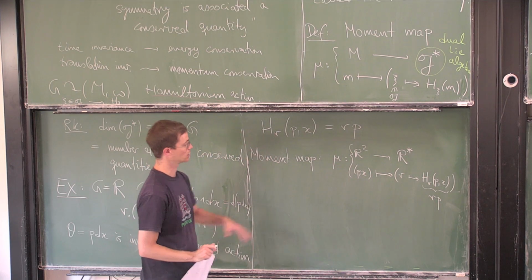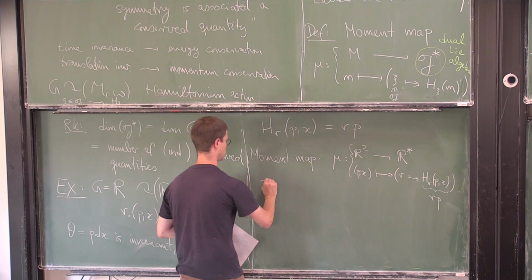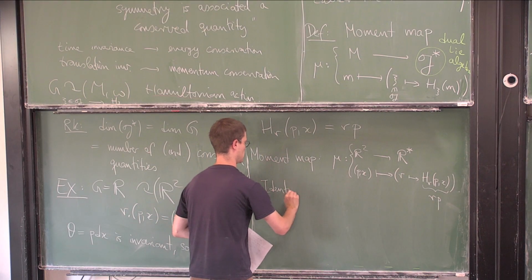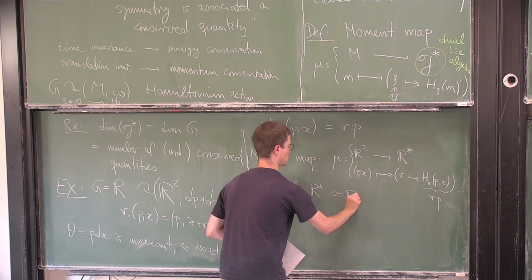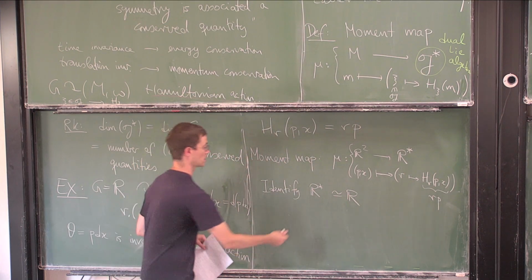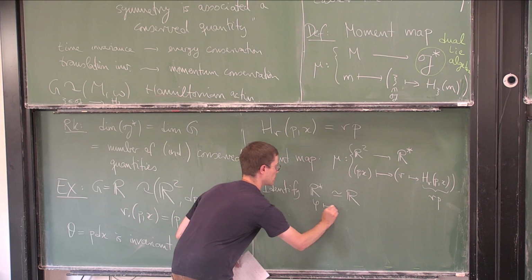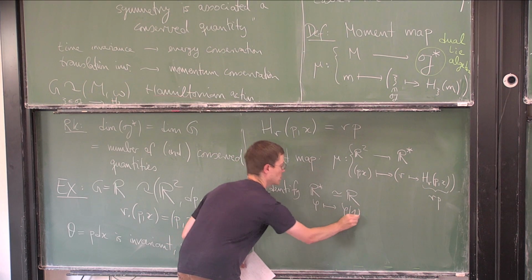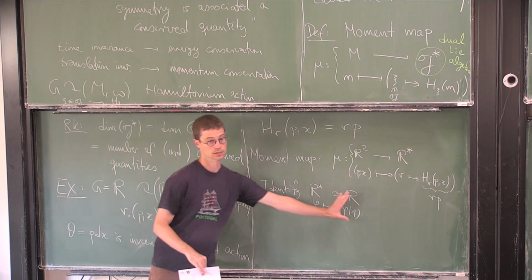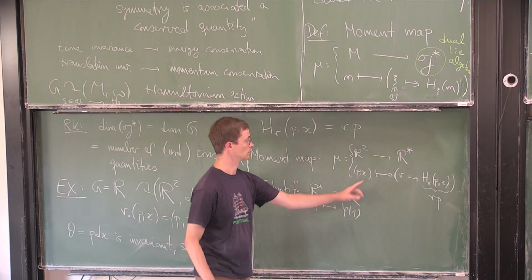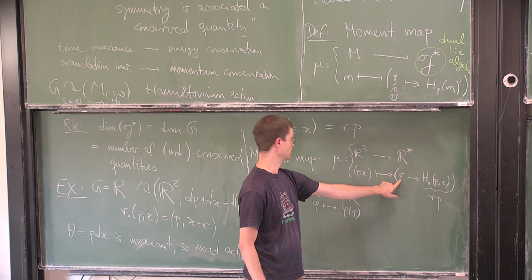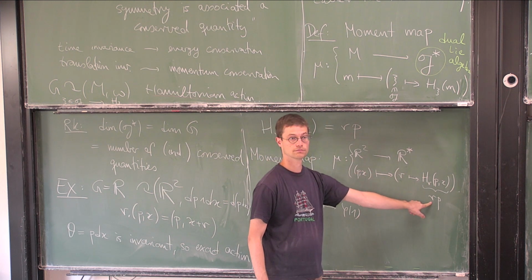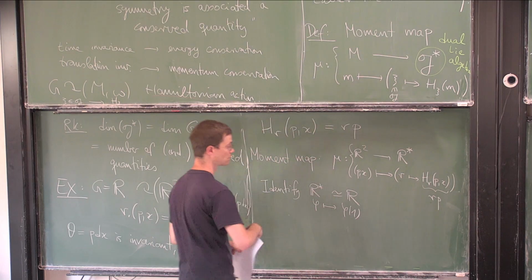Then, let's identify R star with R. In which way? If I have a linear functional, I can just evaluate it at 1. And you can check that this is an isomorphism. So I want to identify this with just a real number, so I would just evaluate this at r equals 1. So you just get p.